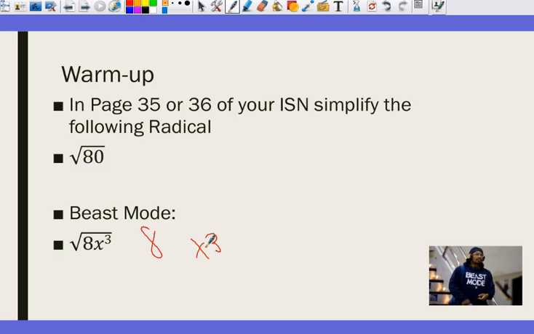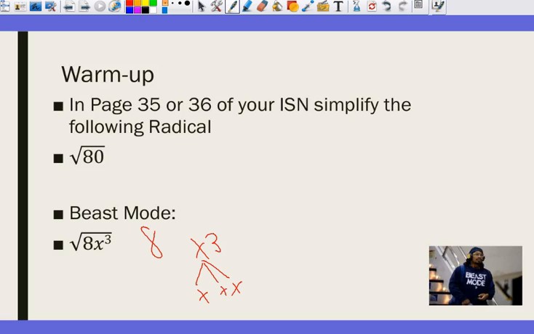Make a tree for your x to the 3rd. X to the 3rd can get split into 3 x's. Can get split into 3 different x's. Okay, I'm going to give you guys about 4 minutes to work on this. Okay.